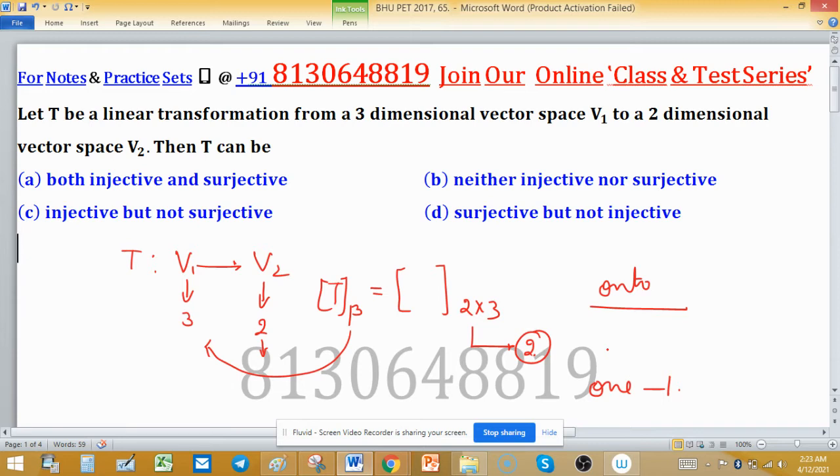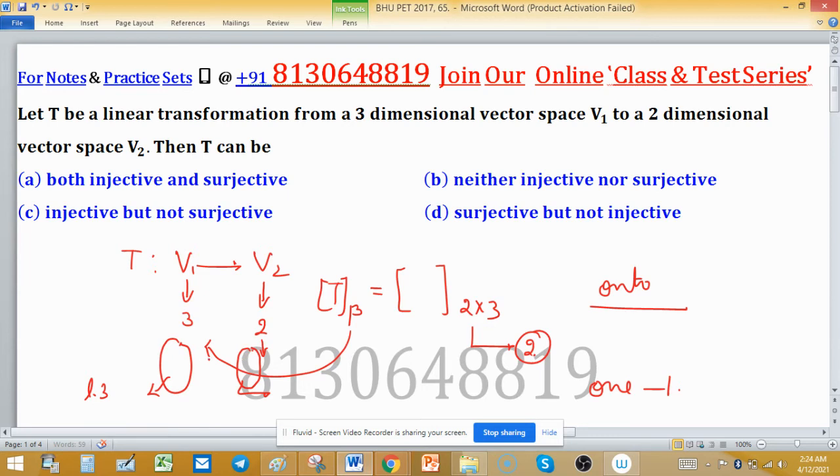Or in other terms, you can consider there are more elements here, so there are fewer elements here. I'm not telling about which set has more or less, but as the dimension of the domain is 3 and the dimension of the codomain is 2, it means here LI and spanning elements are 3 and there LI and spanning elements are 2.